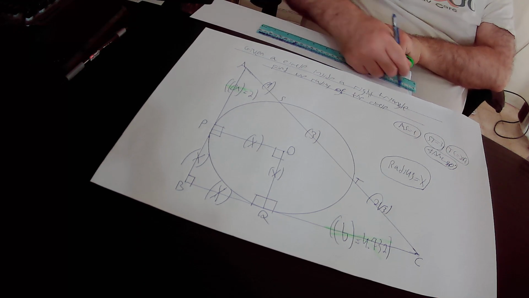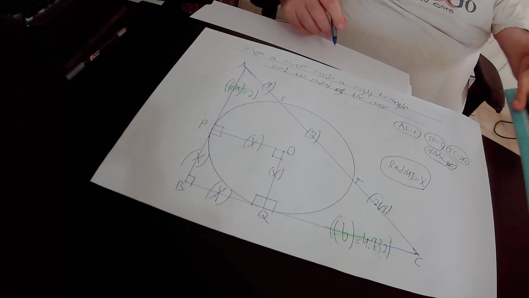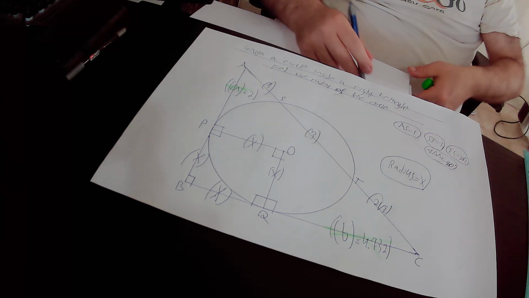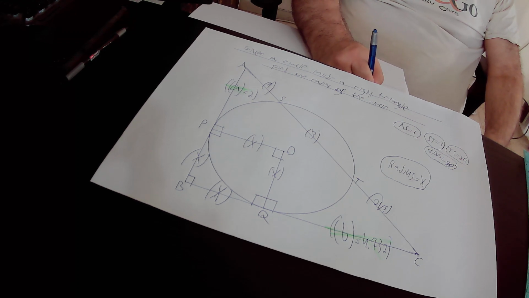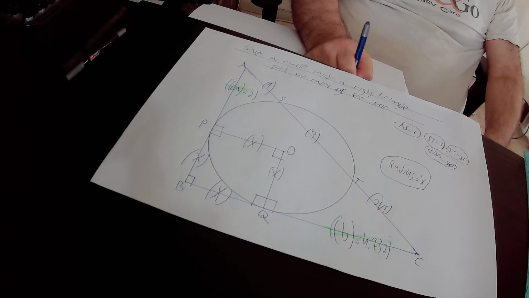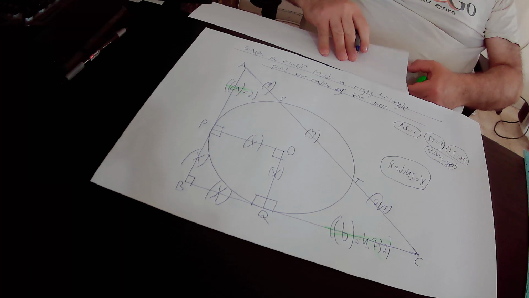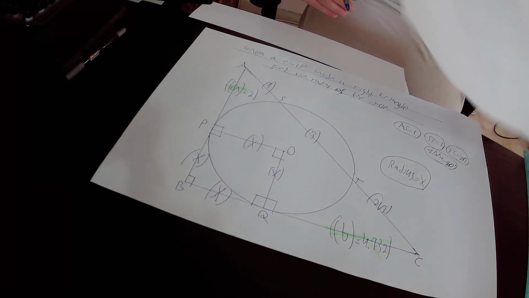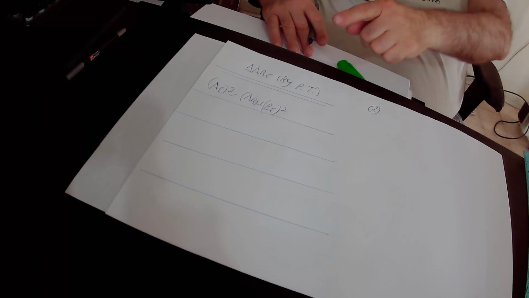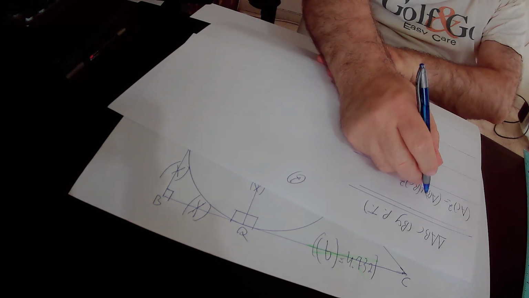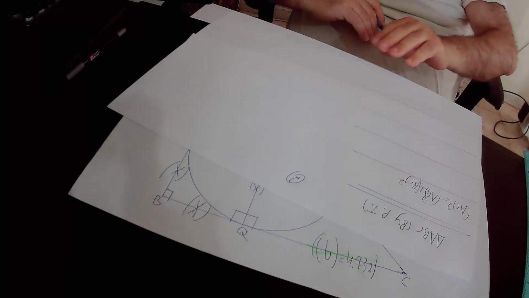The hypotenuse of the right triangle ABC is AC, therefore the square of the hypotenuse is AC squared, and AC squared must be equal to AB squared plus BC squared. I'll repeat again, in the right triangle ABC, according to the Pythagoras theorem, AC squared equals AB squared plus BC squared.